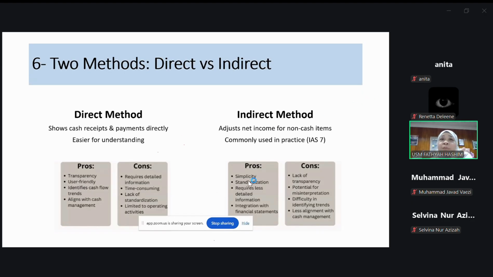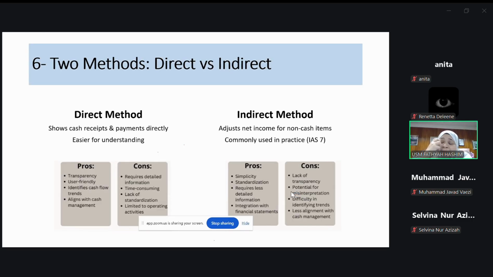Why? Because you need more information. You need to be provided with more detailed information about which items are actually being paid by cash, and there is a lot more information which would actually confuse you more. But if you're using the indirect method, it's just the changes in the accounts; the two statements that you have prepared earlier can be used to prepare the cash flow.